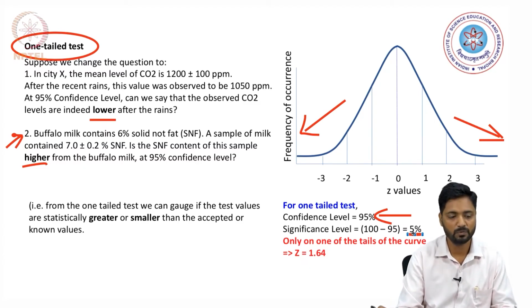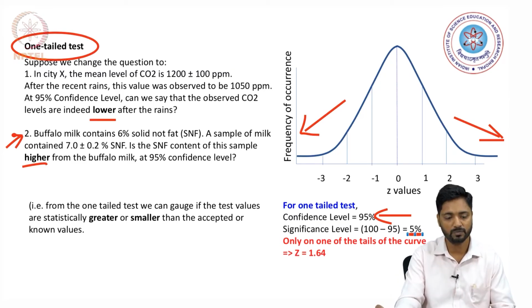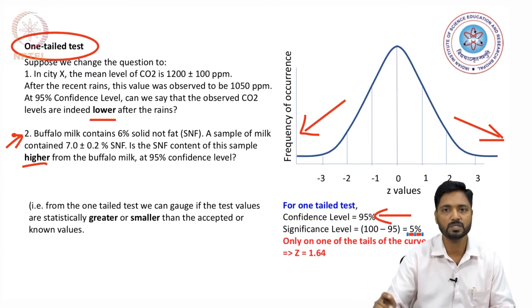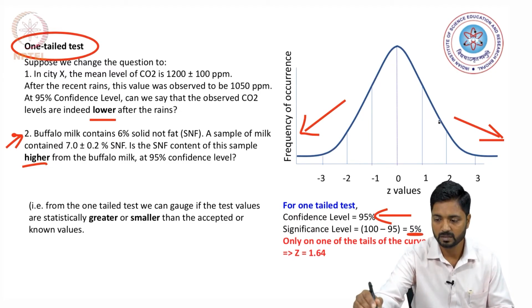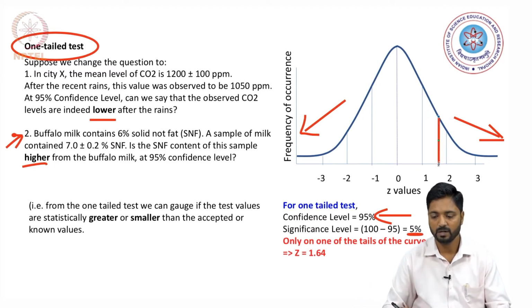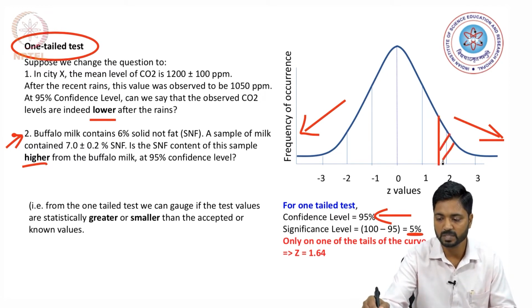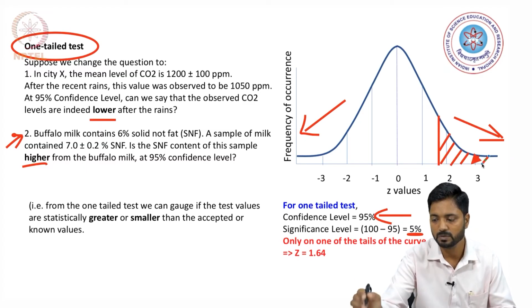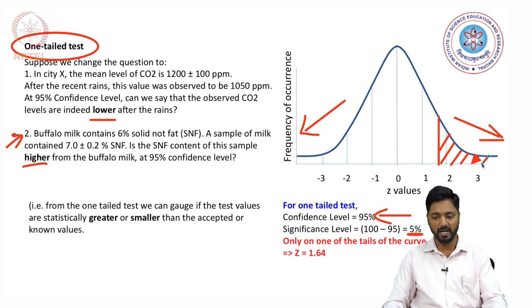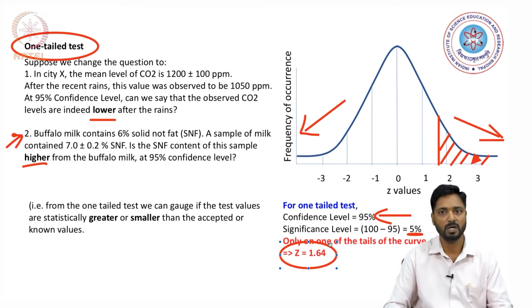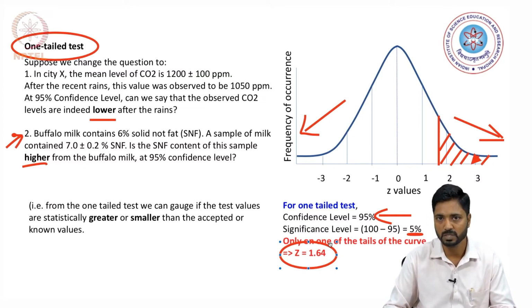So, for example, for the question number 2, where the buffalo milk sample is to be compared with a standard sample with 6% solid not fat, in this case we need to only tell whether at say 5% significance level the reading is different from the standard or not. So, our significance region is restricted to only one side, and that implies that we use a different z value, which is 1.64 in this case.